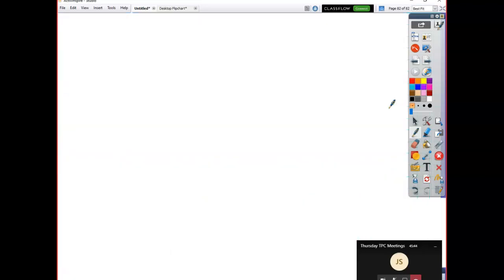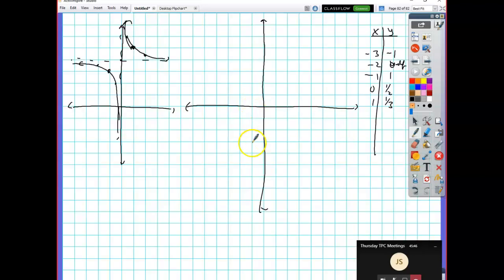So negative 3, I'm at negative 1. I'm undefined at negative 2. At negative 1, I'm at 1.